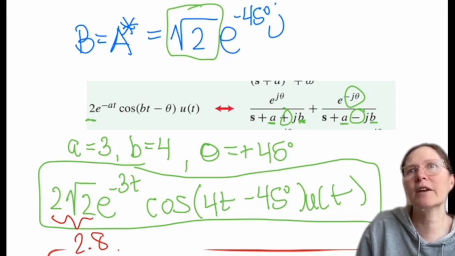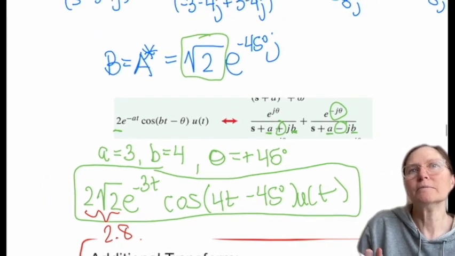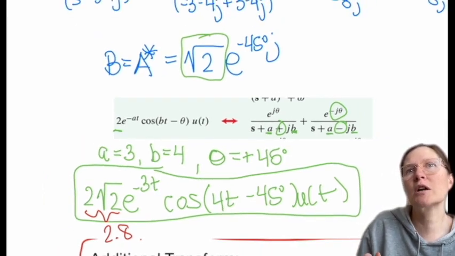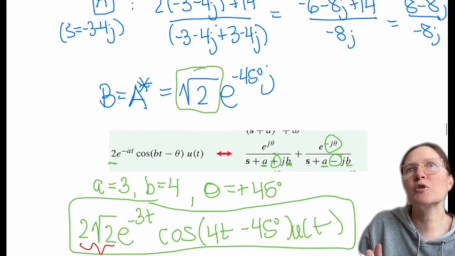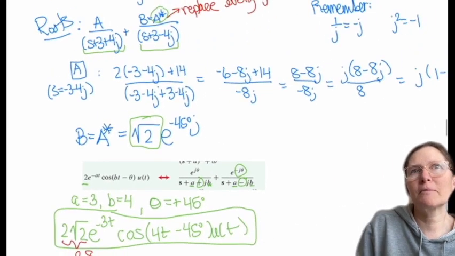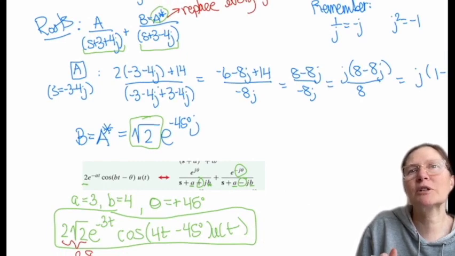And theta in this case is going to be plus 45. B is going to be 4, because you had 4j. Back up there. Here you go, 4j. So b is 4 and a is 3.